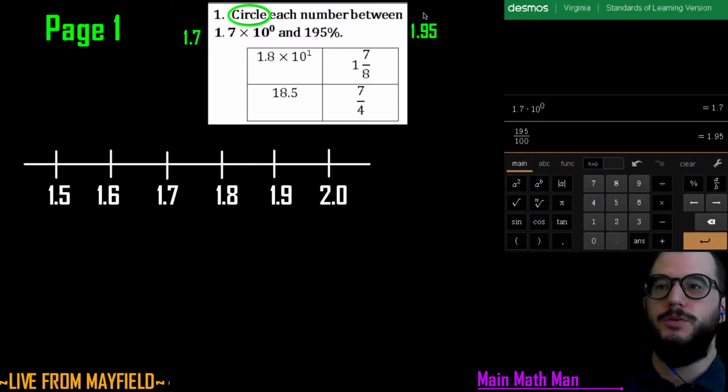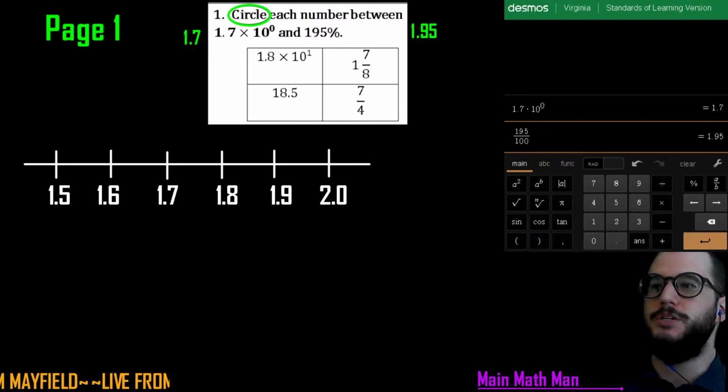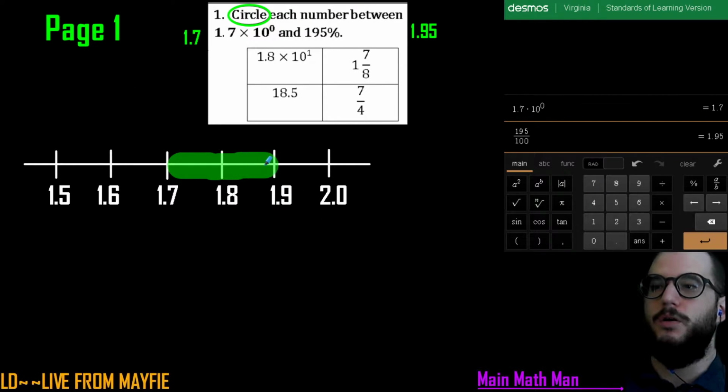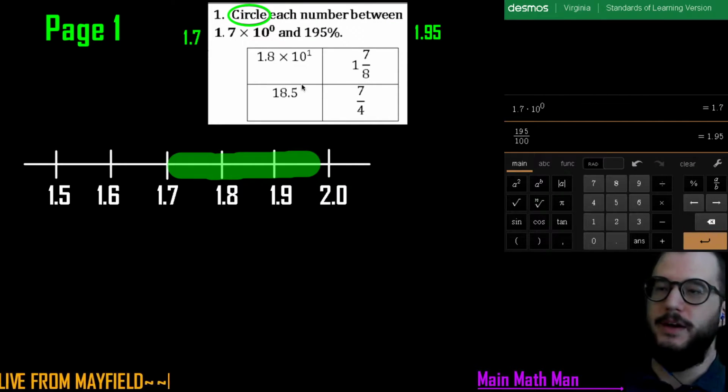And so what I can do is I can shade in. So let me actually do that. Let me shade in where my value is going to be. So I'm going to go from 1.7 all the way up to just before 1.95 would be at.